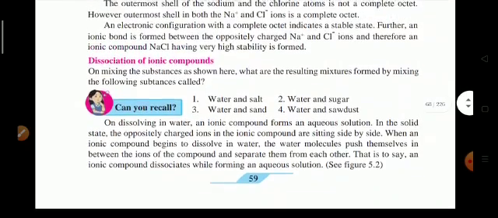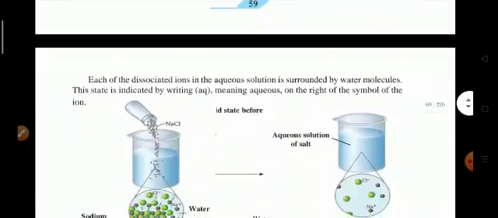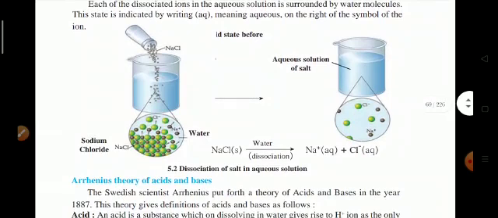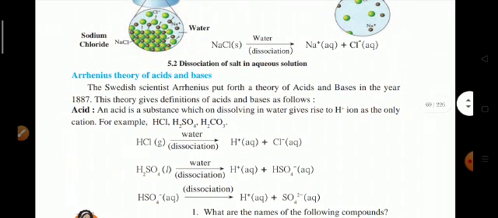Then we have gone through the dissociation of ionic compounds, the dissociation of salt in aqueous solution. So sodium chloride, when it gets dissociated, forms Na+ in aqueous solution plus Cl- in aqueous solution. What is the Arrhenius theory? The Swedish scientist Arrhenius put forth a theory of acids and bases in the year 1887.